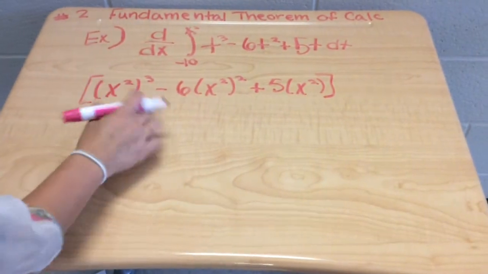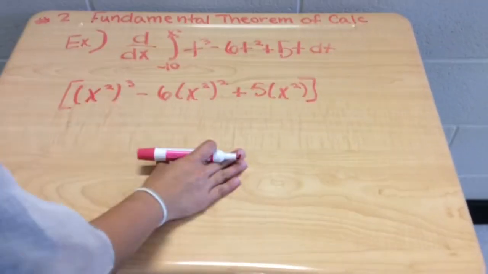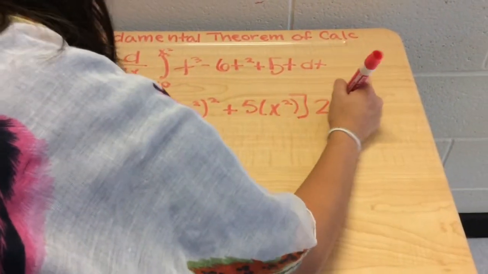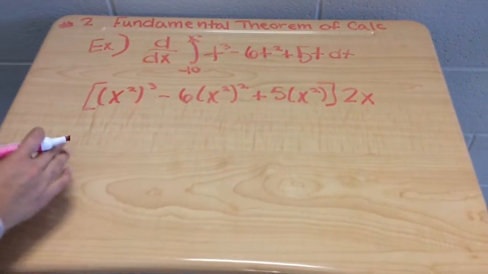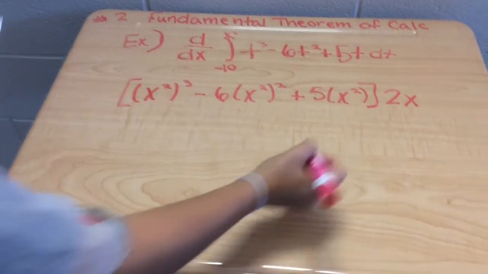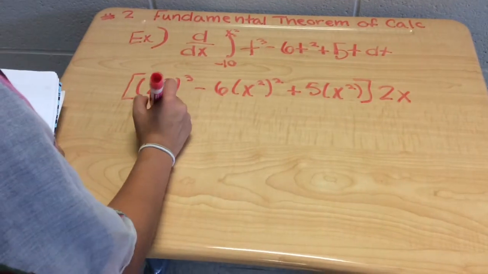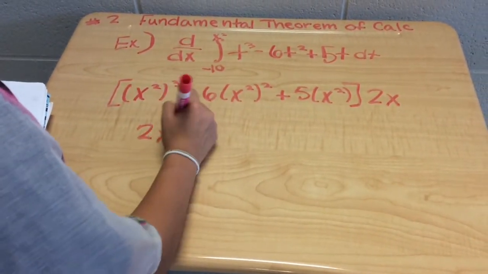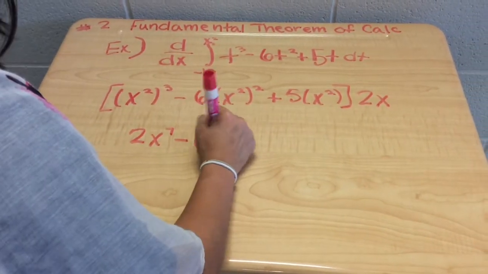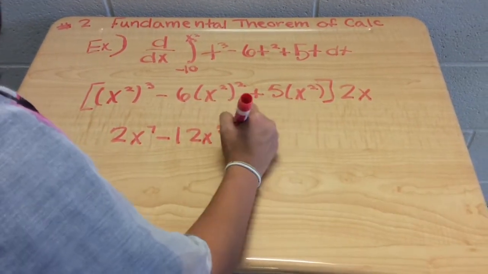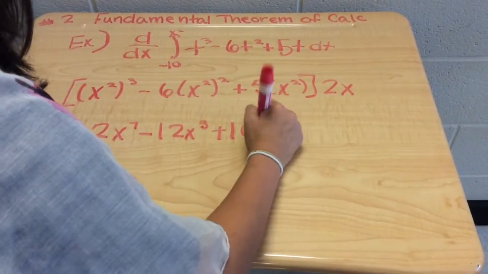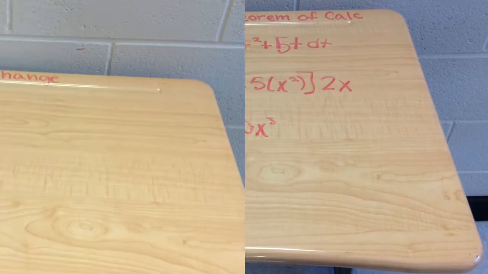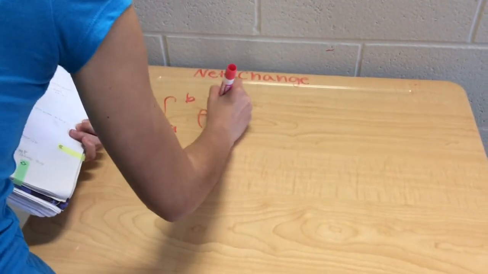Because it's x squared, you would use the chain rule and multiply it by 2x. And then you would multiply it all out, and it would become 2x to the 7 minus 12x to the 5th plus 10x cubed. And last but not least, net change.